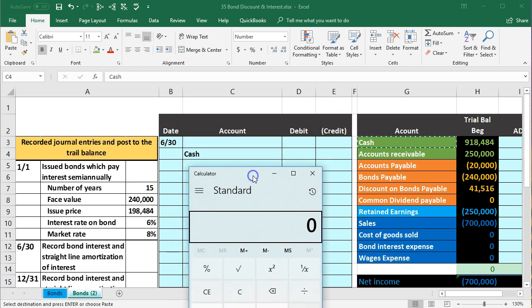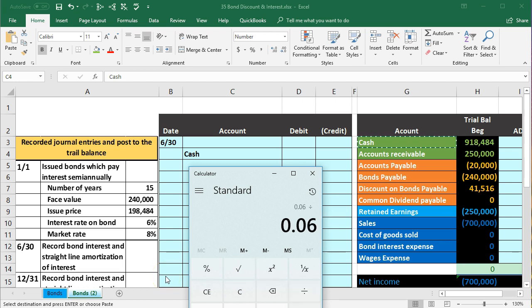To calculate that, it's going to be $240,000 times the rate on the bond, 0.06. That would be for a year. We're going to divide that by 2, so 7,200. Or we could say, well, the rate is 0.06 for a year.